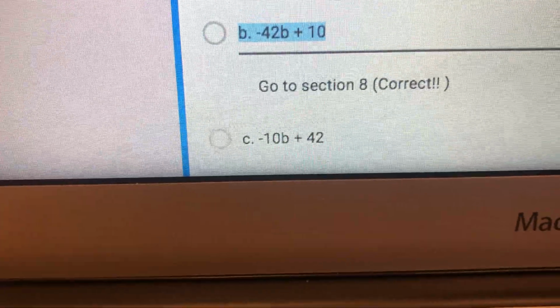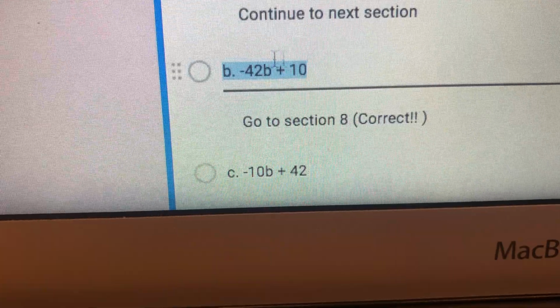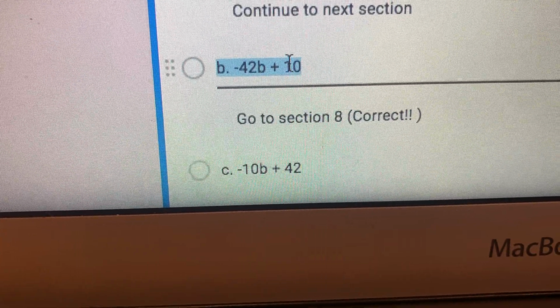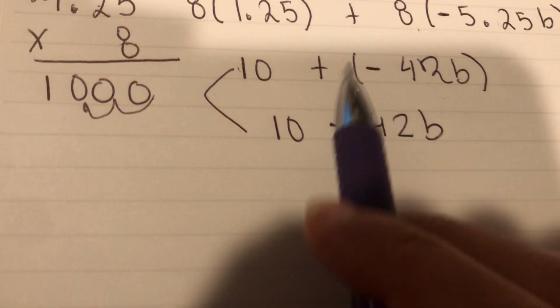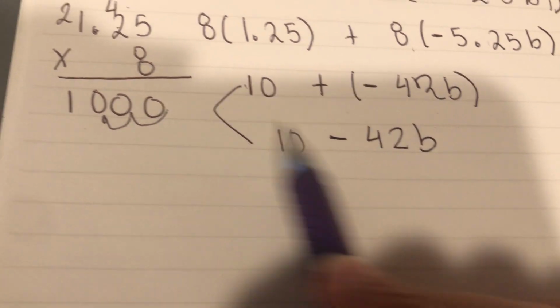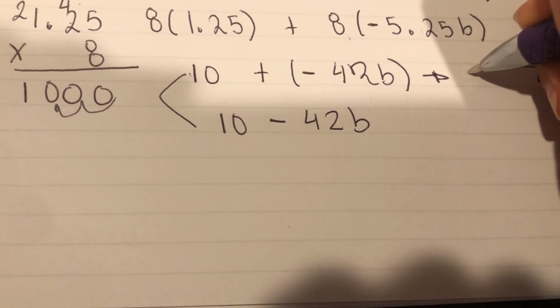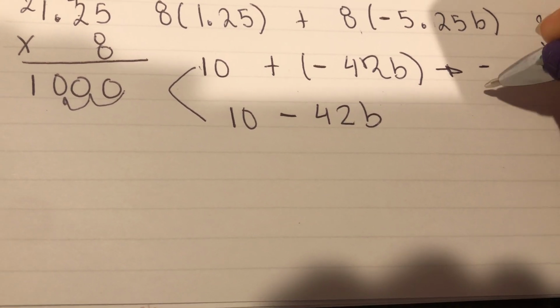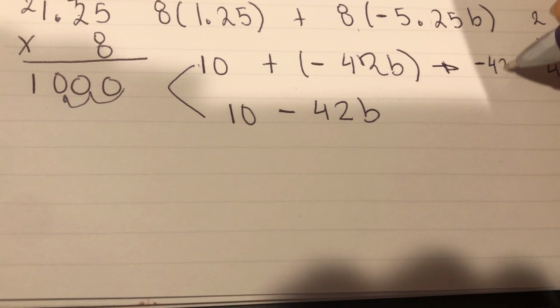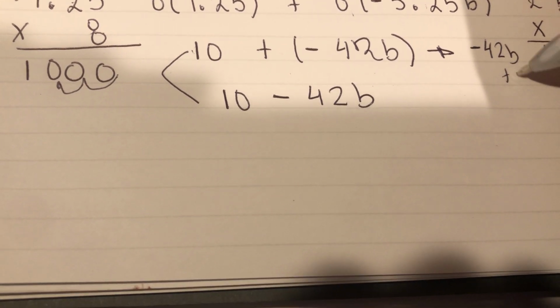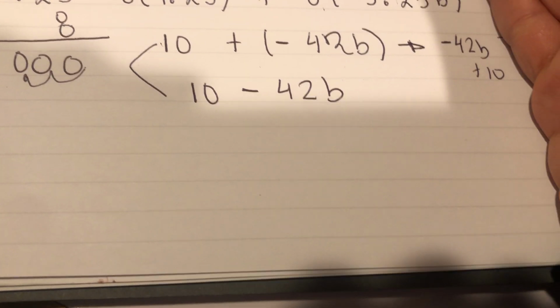And you could see that it says go to section 8. That means it's correct. Negative 42b plus 10 would be the same answer because even though the order here is different, with addition, you could actually change up the order. So this could also be written as negative 42b plus 10. Sorry about the space.